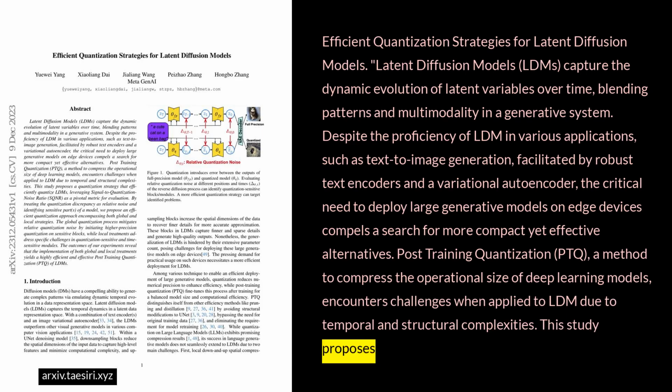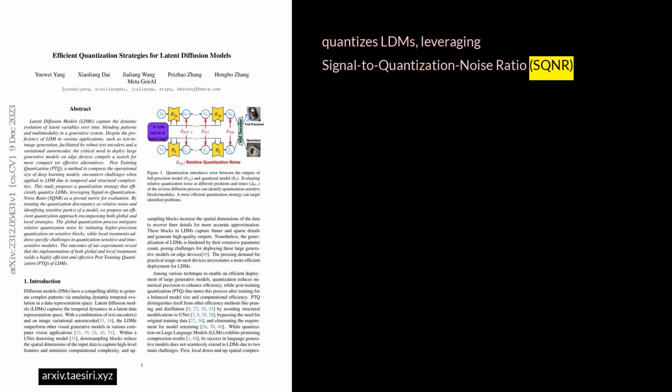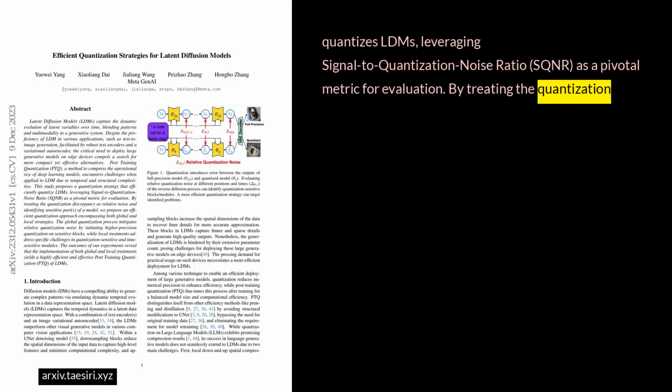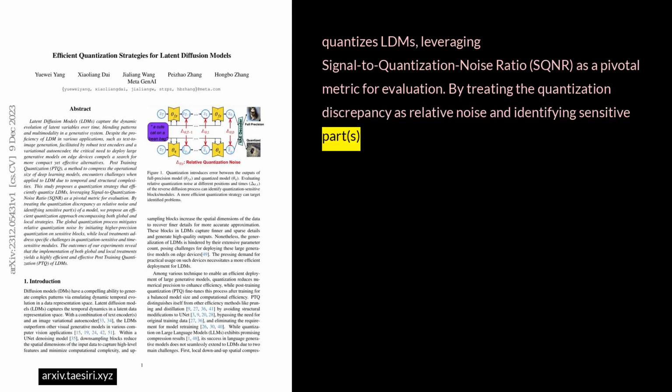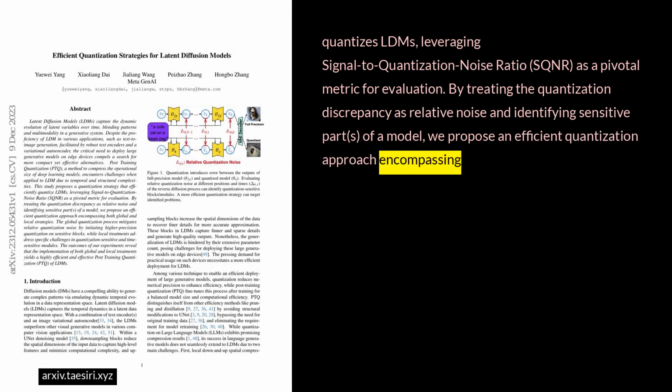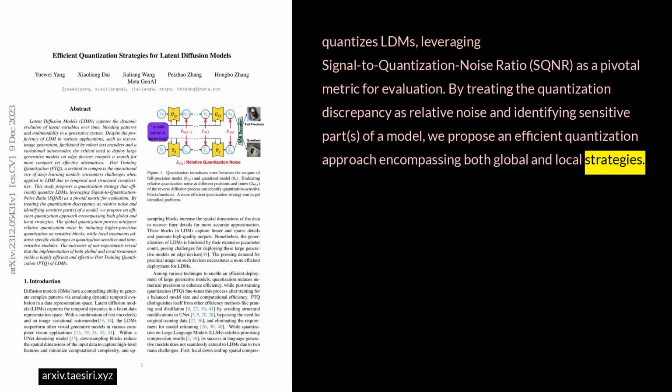This study proposes a quantization strategy that efficiently quantizes LDMs, leveraging signal-to-quantization noise ratio, SQNR, as a pivotal metric for evaluation. By treating the quantization discrepancy as relative noise and identifying sensitive parts of a model, we propose an efficient quantization approach encompassing both global and local strategies.